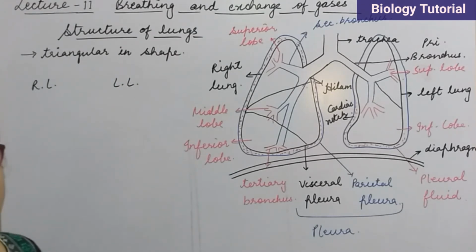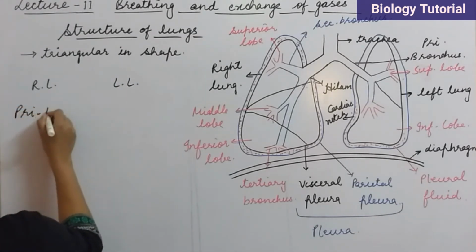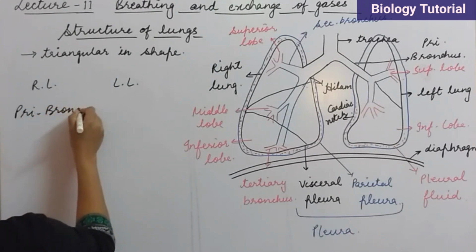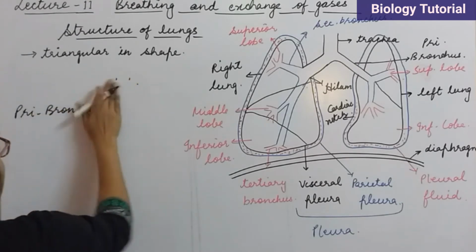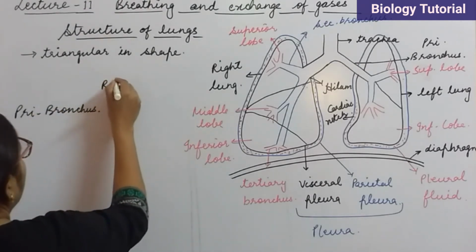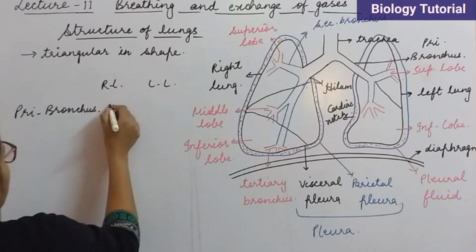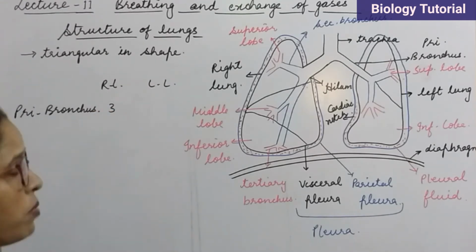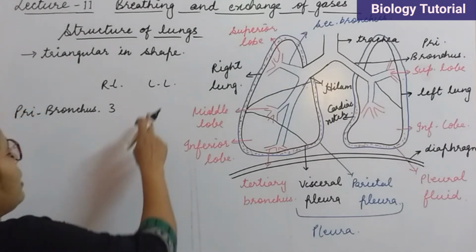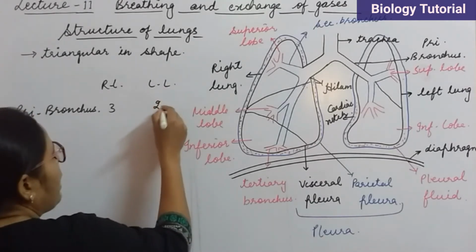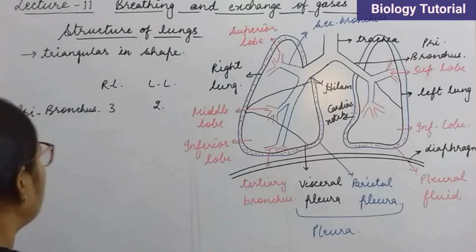In case of right lung, 3 primary bronchus are present because 3 lobes are present in the right lung. And in case of left lung, 2 primary bronchus are present because it is divided into 2 lobes.